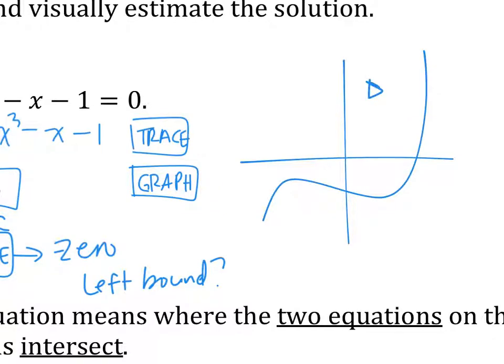Then you'll see this little arrow that tells the calculator, this is the left. Did you do it? Like on the left, you're a little bit to the left, and then press enter.